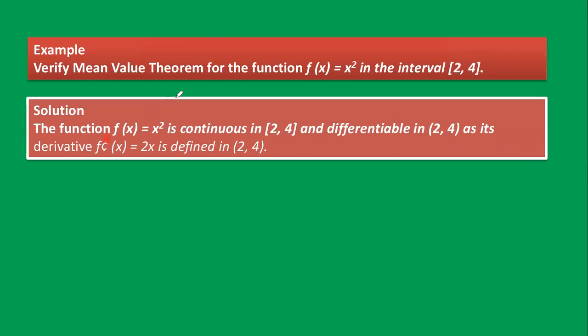We represent it like this: f dash is equal to 2x. This is a similar function. Differentiation of x square is equal to 2x, and it is defined in 2, 4.